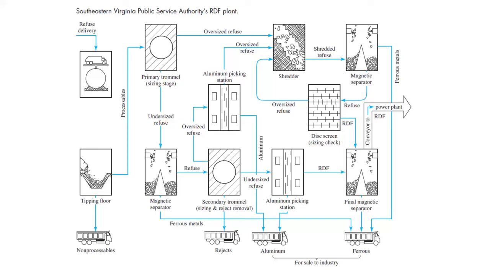The light fraction, after being routed through a magnetic system to remove ferrous metals, is ready for fuel use. The heavy fraction is conveyed to another magnetic removal system for recovery of ferrous metals. Now, the aluminum may also be recovered. The remaining glass, ceramics, and other non-magnetic materials from the heavy fraction are then sent to the landfill.